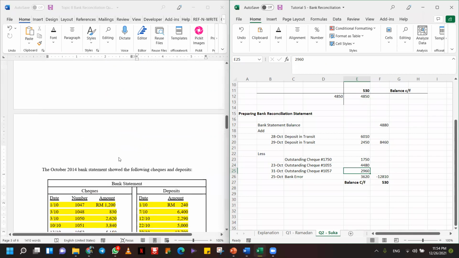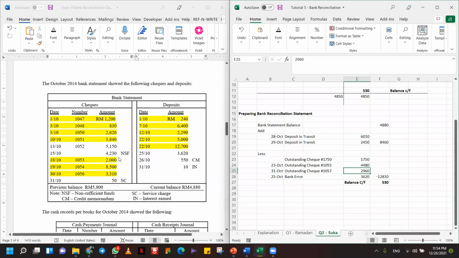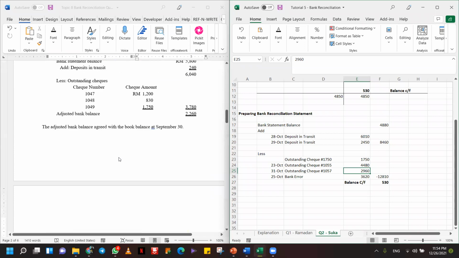It occurred in September. However, the payment would have been made in September.